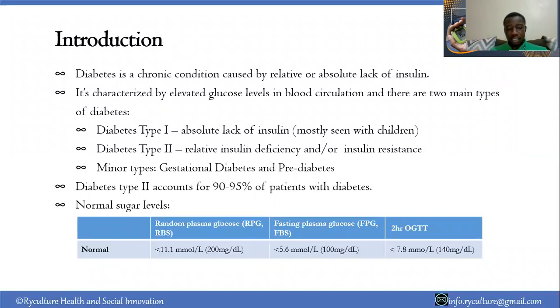You find a pregnant mother having higher sugar levels. It might not be because they have diabetes, but because of elevated sugar levels attributed to increased fat accumulation in the abdominal region. Then there are people who are at risk of getting diabetes, called pre-diabetes. Their sugar levels are not high enough to be considered diabetic, but at the same time they are not within the normal range.